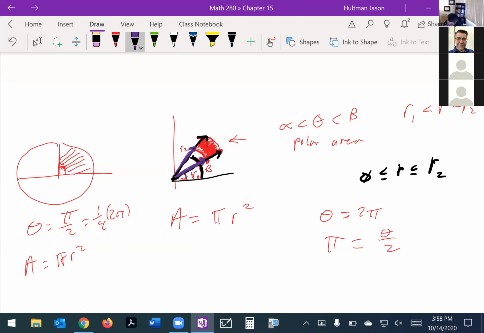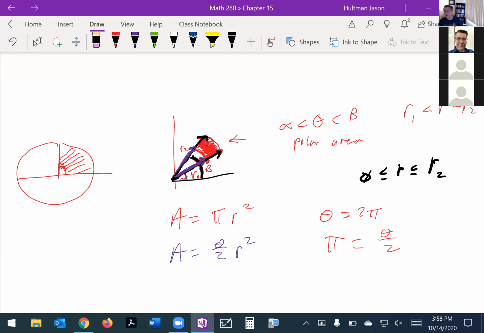Okay, anyway, so going back to how do we rewrite this area formula in terms of theta? Well, it's just theta over 2 r squared. And you can convince yourself of that if you really want to by just saying, hey, theta is a fractional amount of 2 pi. Okay, that's all it is.